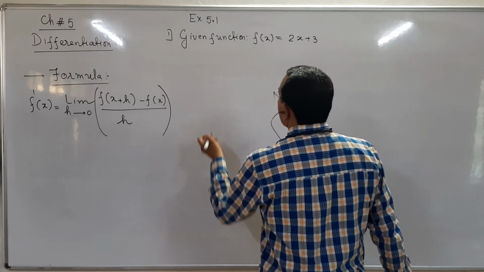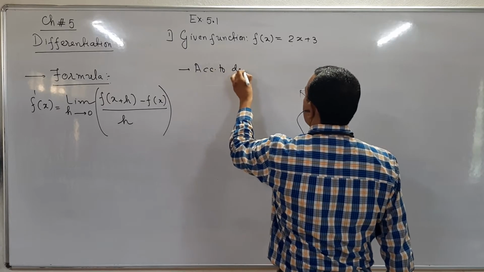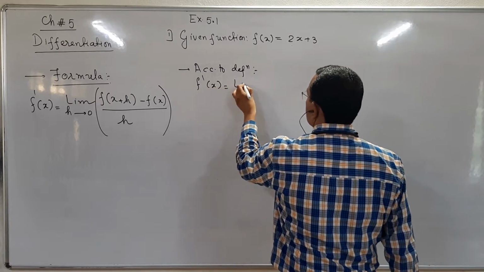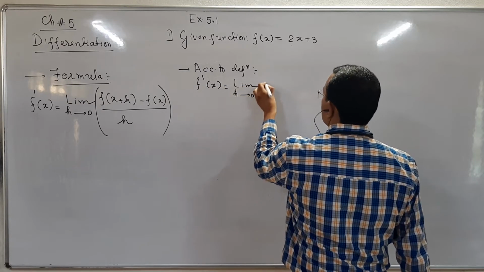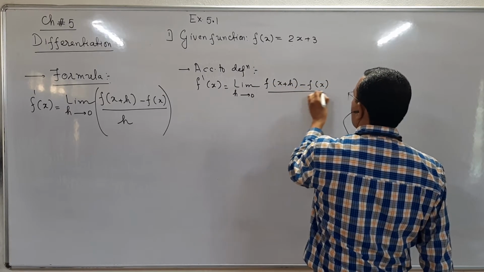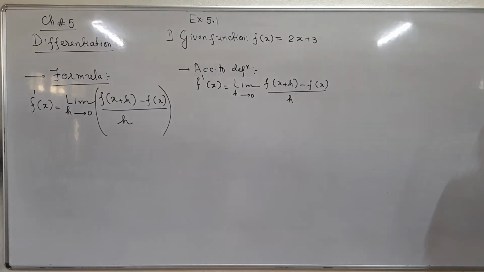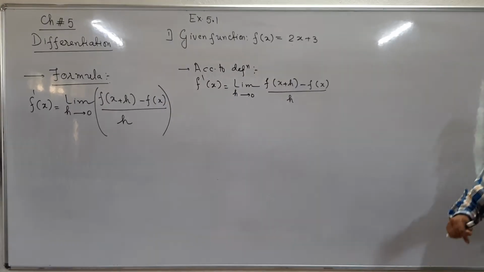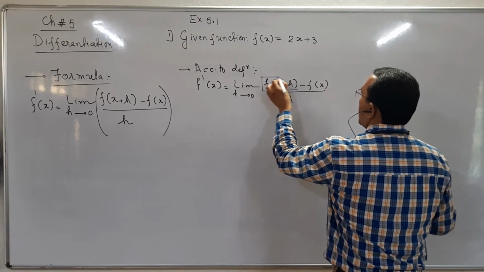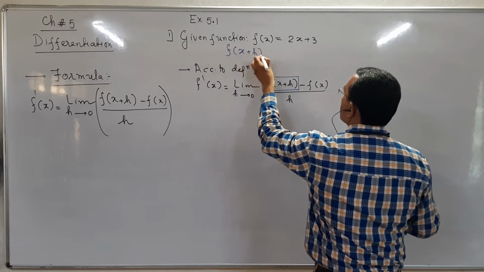Now, I am leaving some space and writing according to definition. f dash x is equal to limit h tends to 0 f of x plus h minus f of x upon h. Now, students, pay attention. In the definition, we have f of x plus h. So, after writing function, immediately we write f of x plus h.